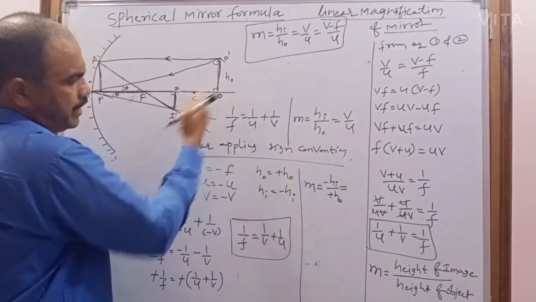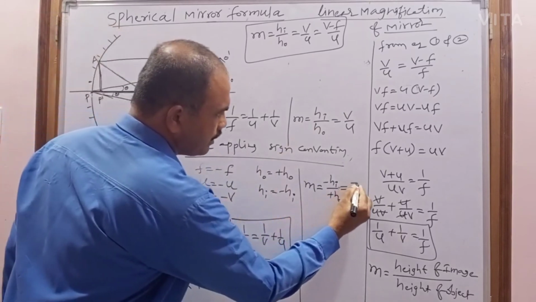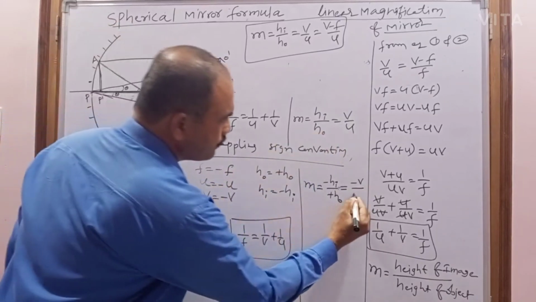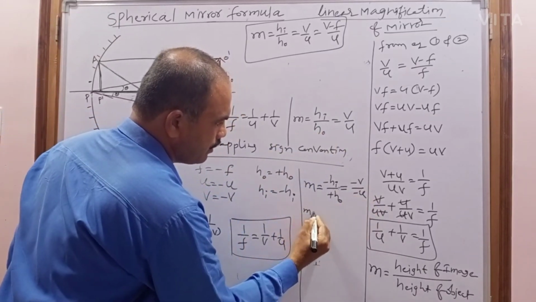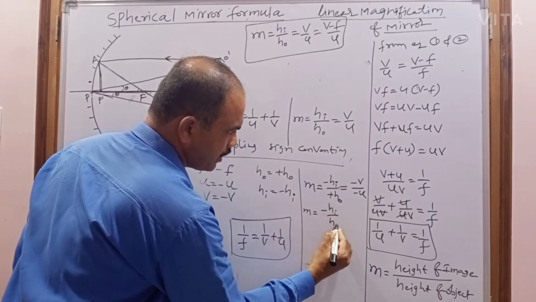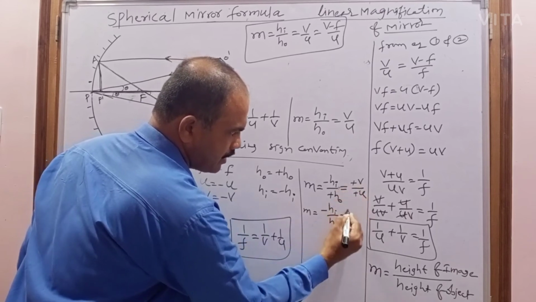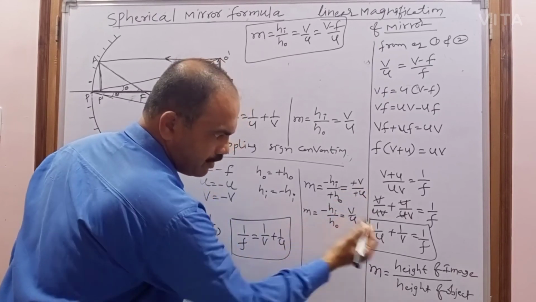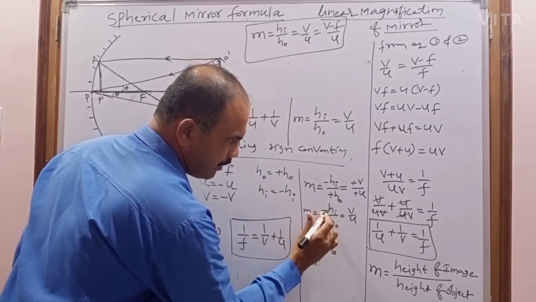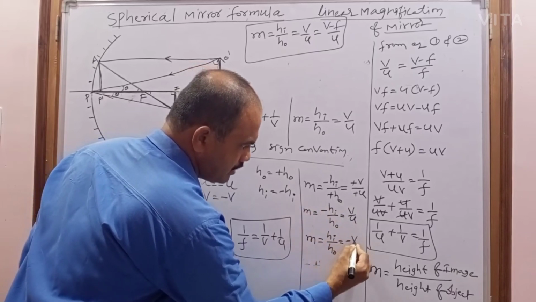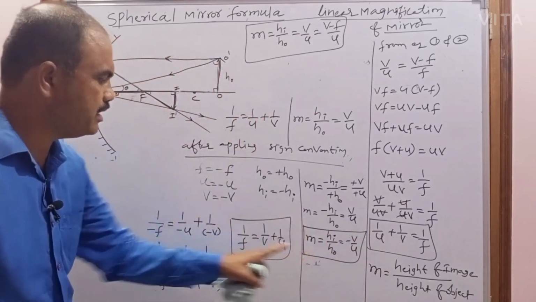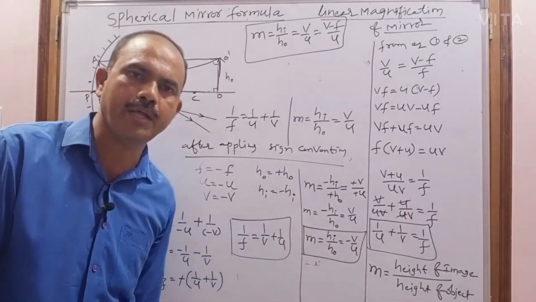Here in this case when the object is beyond C, v means minus v and u means minus u. So m equals minus hi by h naught equals, this minus will be cancelled, v by u. When I rearrange the equation, magnification m equals height of the image by height of the object, I am writing this minus here, equals minus v by u. Now this is the formula of magnification in case of the concave mirror.